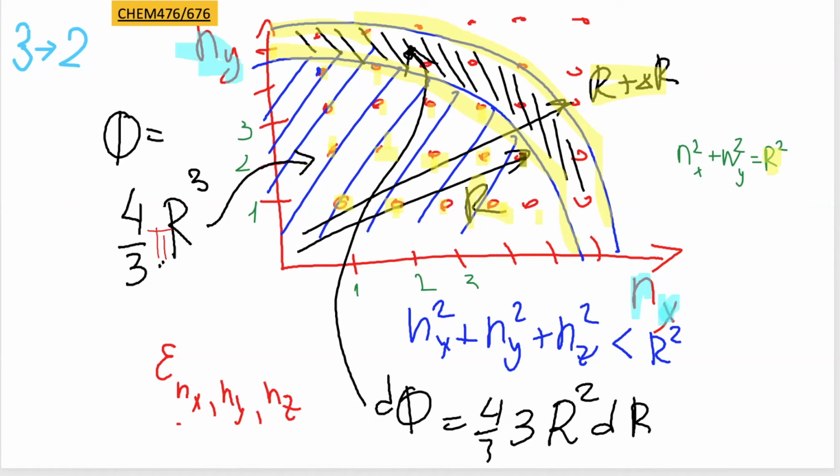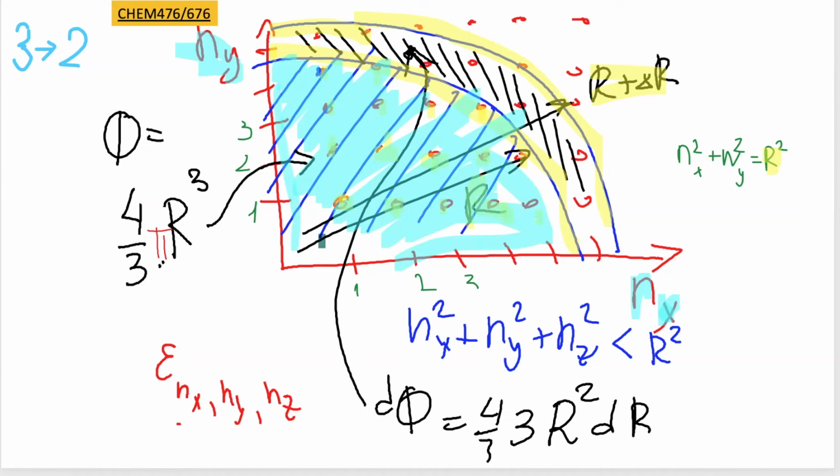So if these numbers nx and ny are really big, not like 1, 2, 3, but like a million or 5 million, then it is as good as a continuous number. And then we can just say that the number of points inside this circle is proportional to the area of this figure, right?